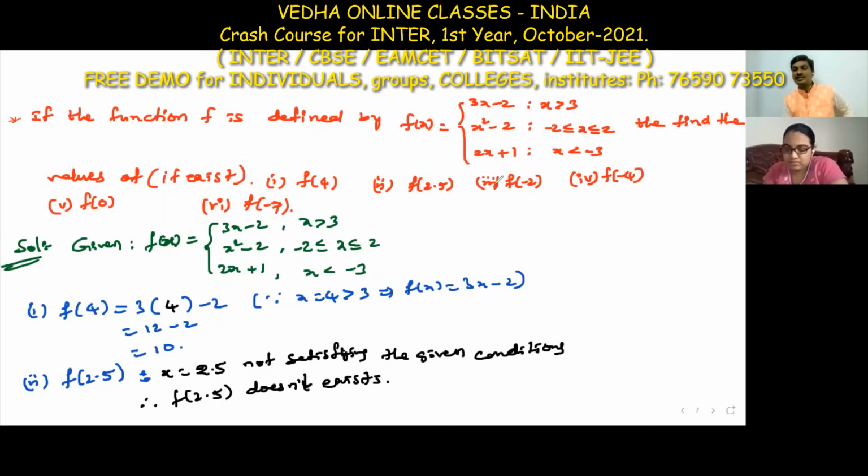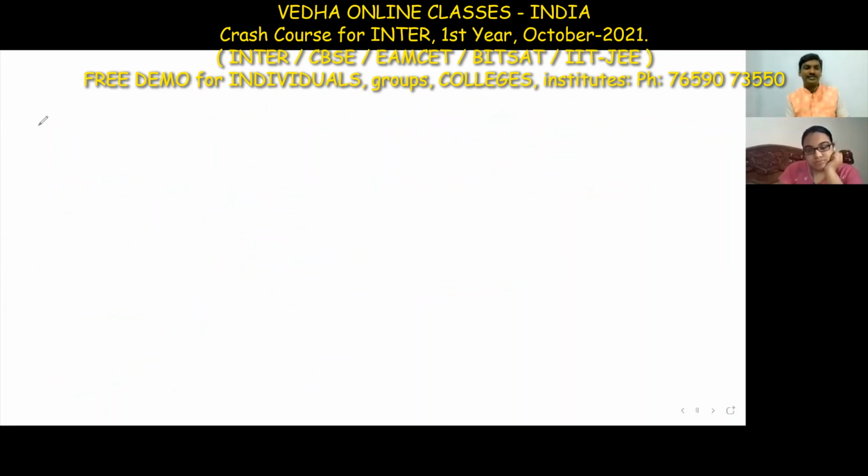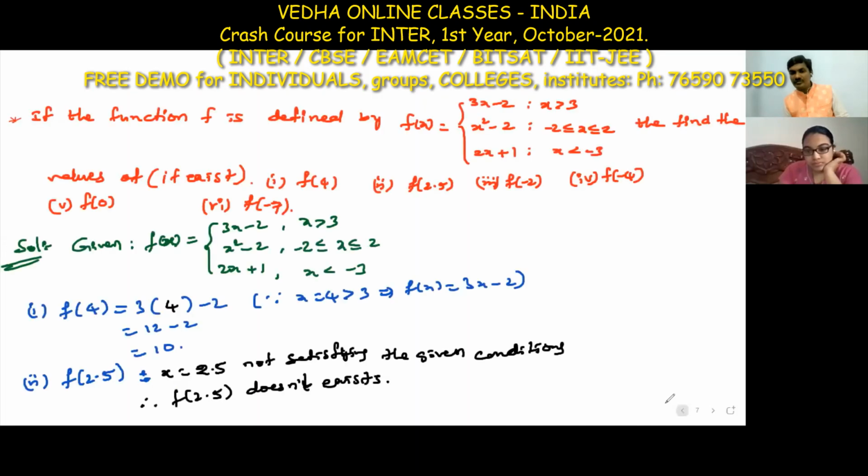Now he is asking f of -2. Here we can take this function, because -2 is also included in this. The x value we can take as -2 also. The third one is f of -2. What is the function here? It is x square minus 2.